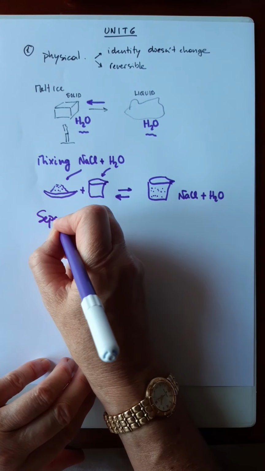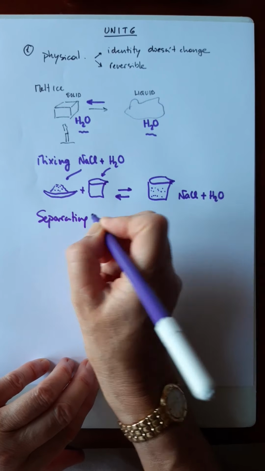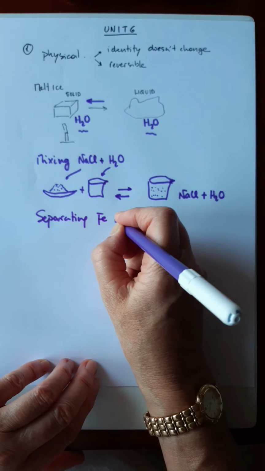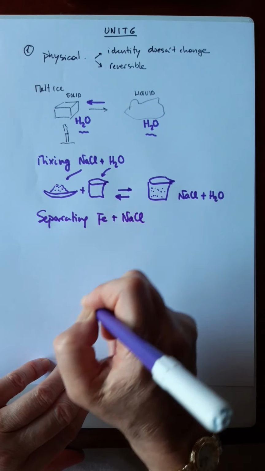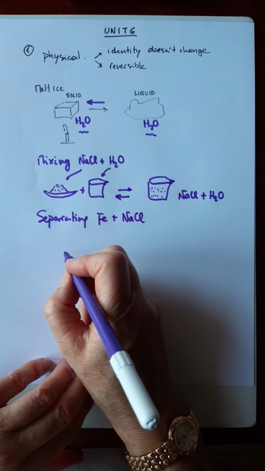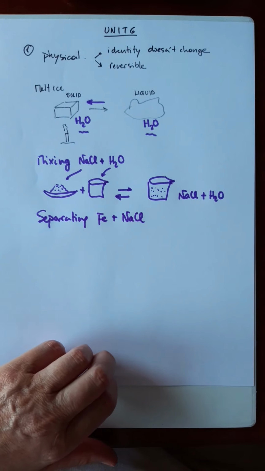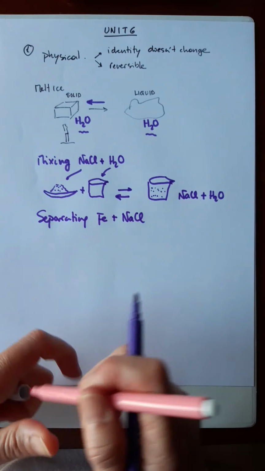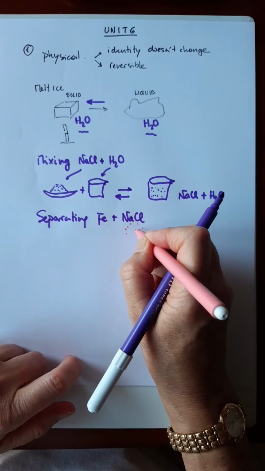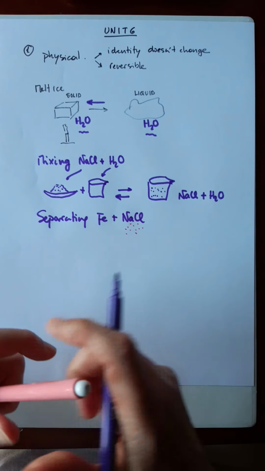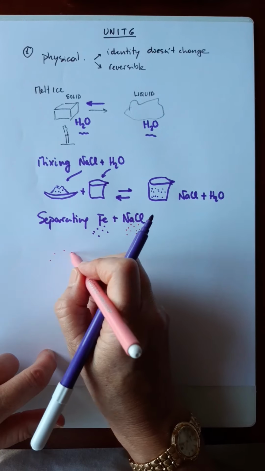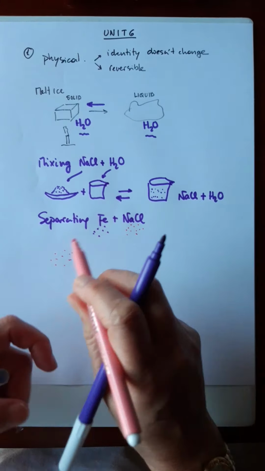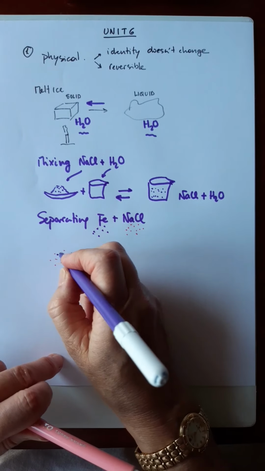Separating, for example, iron fillings and salt. Imagine that I have mixed salt and iron. With a magnet, I can separate both.